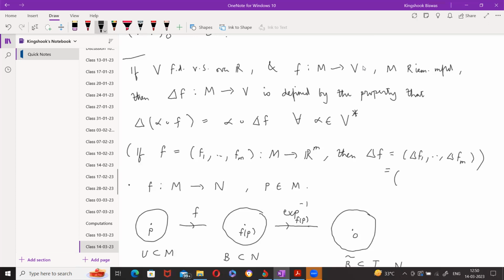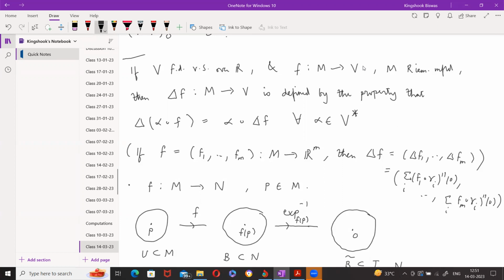Each component is the sum over i of F1 composed with gamma_i double prime 0, up to Fm composed with gamma_i double prime 0, where gamma_i are geodesics whose tangent vectors at P are equal to an orthonormal basis.